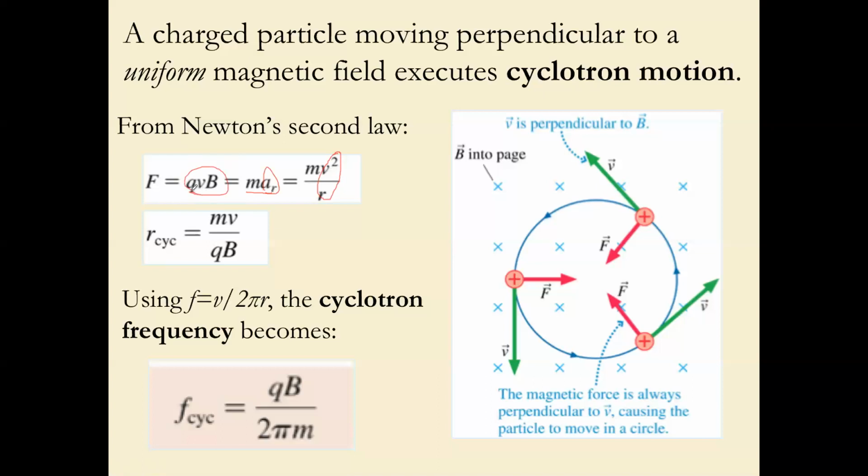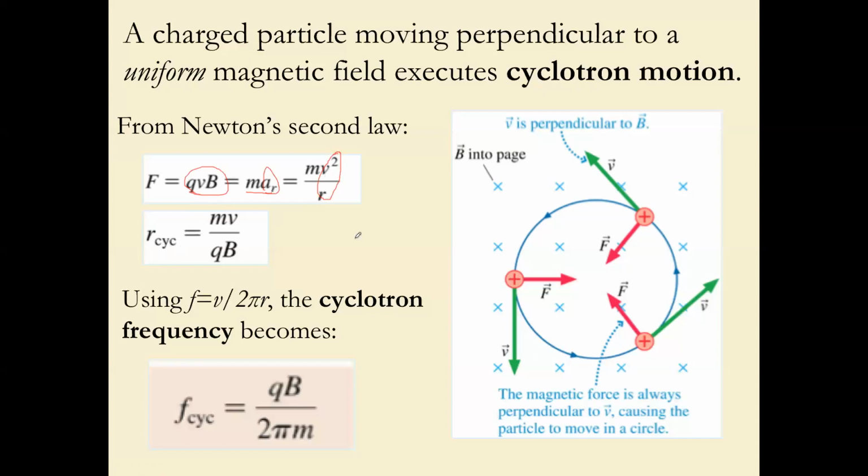It is equal to q v cross B, but the angle between v and the magnetic field is 90 degrees, so sine 90 is equal to 1. This is the magnitude, q times v times magnetic field. So these two forces are equal to each other.